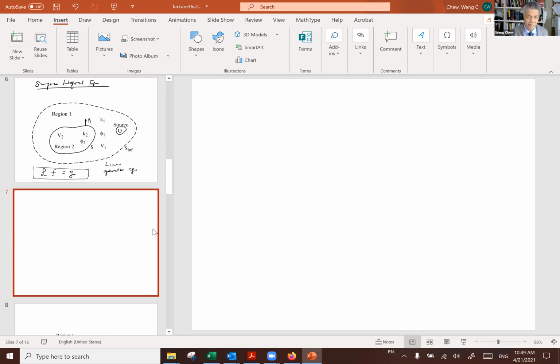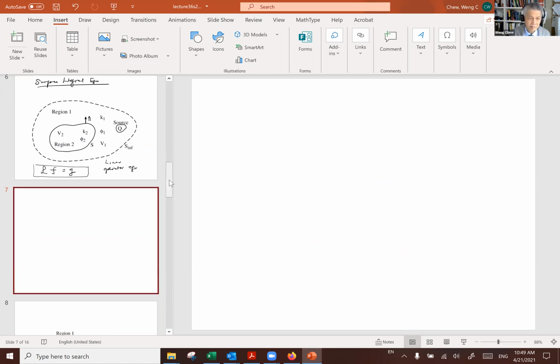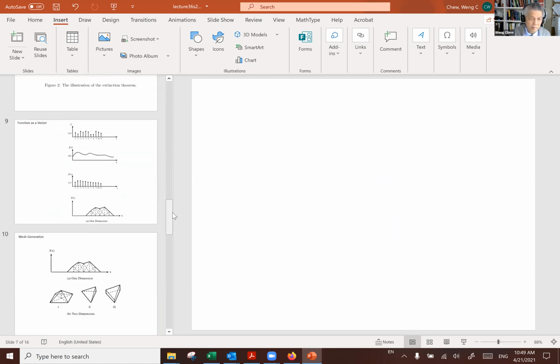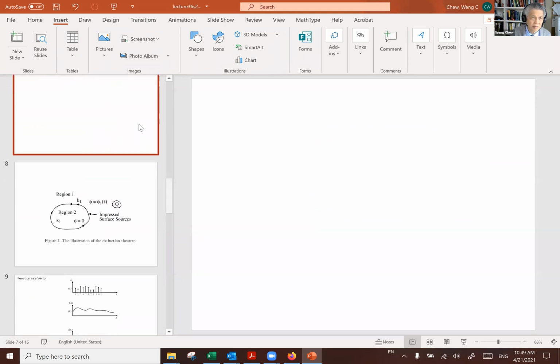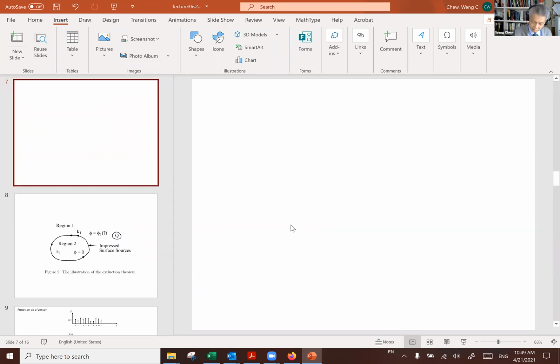And these equations are said to have been defined in the Hilbert space. Okay, let me see. This equation is an equation in the Hilbert space because this is an infinite dimensional vector.